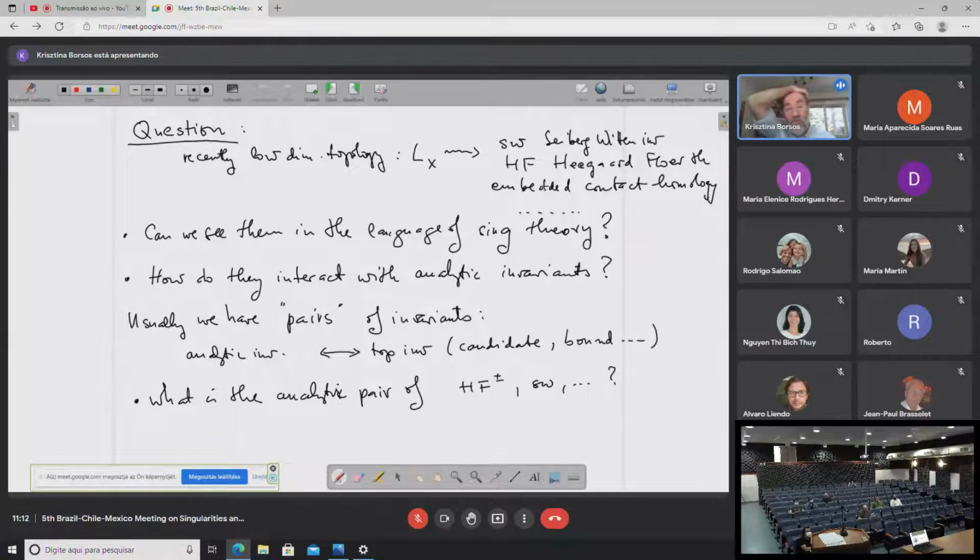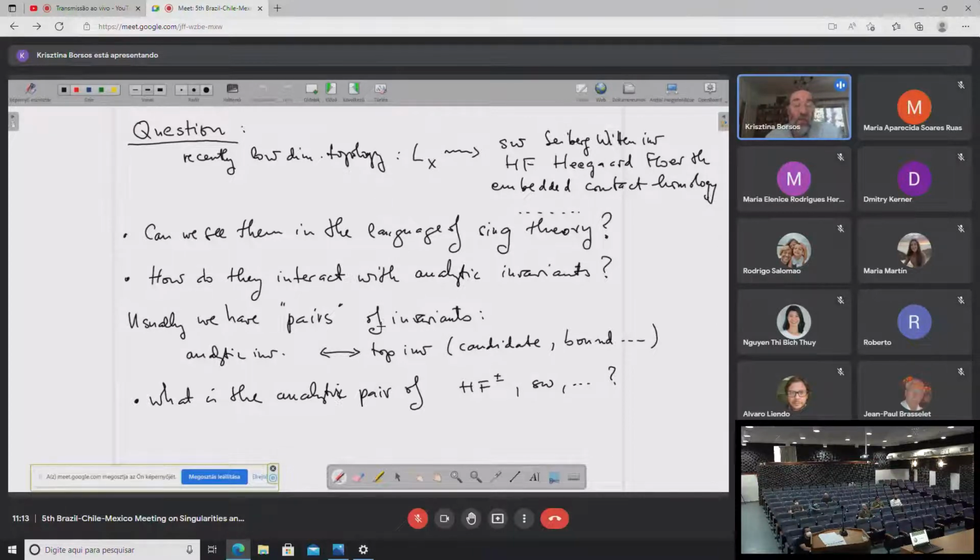So that is my question now: if we have in mind this cohomology series associated with three-manifolds, and we know that the link of the singularity is a three-manifold, then how do we understand the Heegaard Floer invariant or the Seiberg-Witten invariant, basically the cohomology theory, the Heegaard Floer cohomology, in terms of singularity theory?